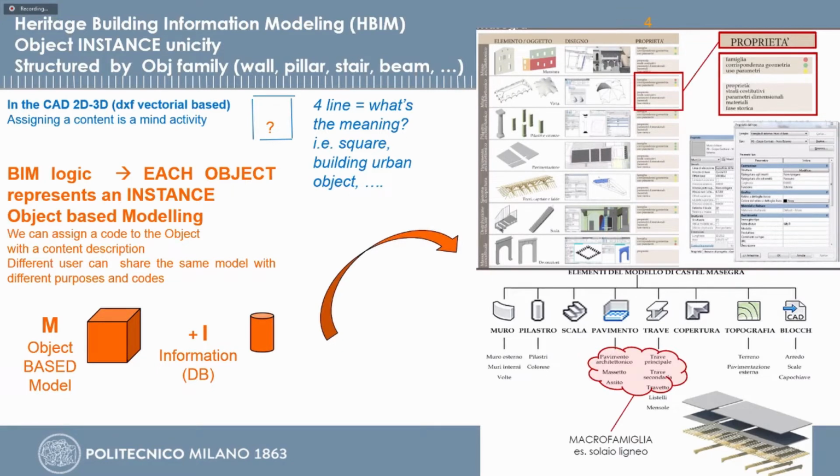In the CAD logic, we have just objects in the sense of a line or a vector or raster, but the meaning that they have inside is caught by our mind. In the BIM logic, like in the GIS logic, each object represents an instance that can be connected through its model to information, not just one piece of information, but more.